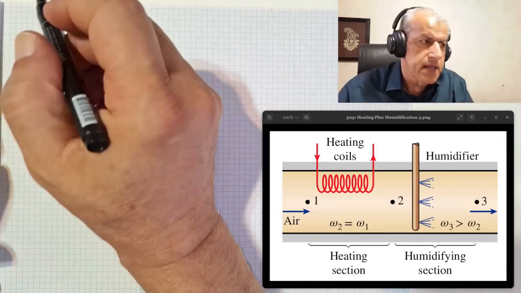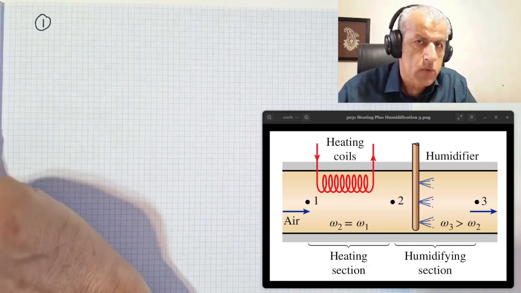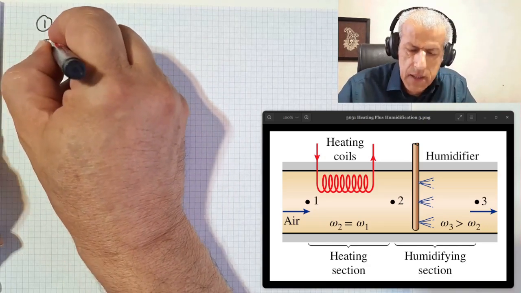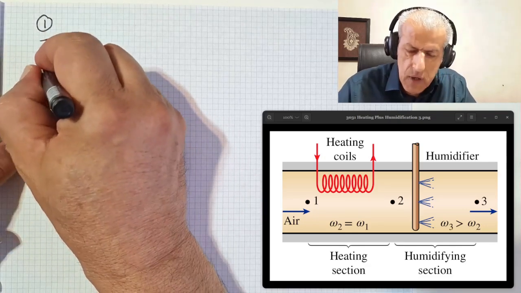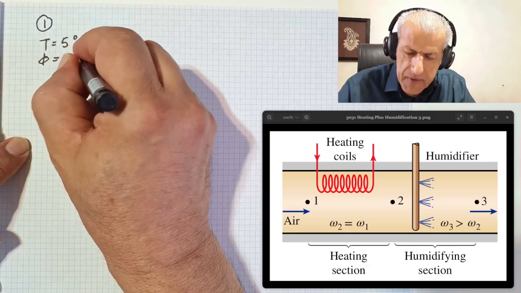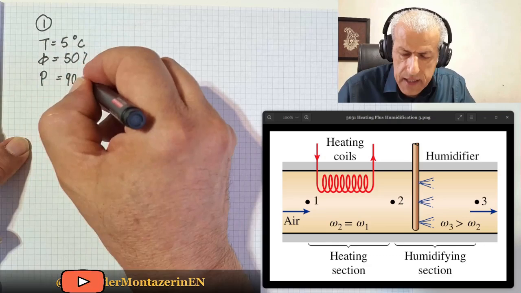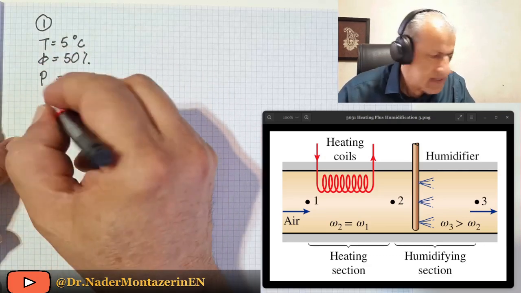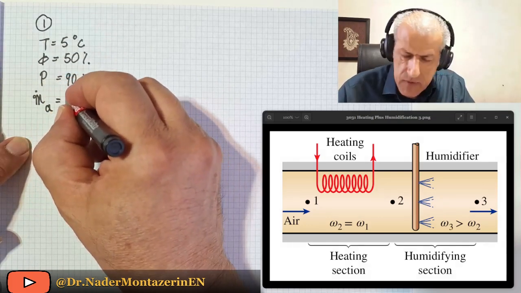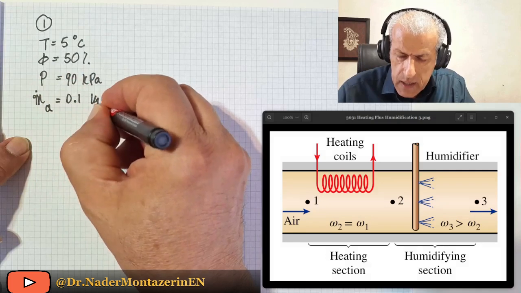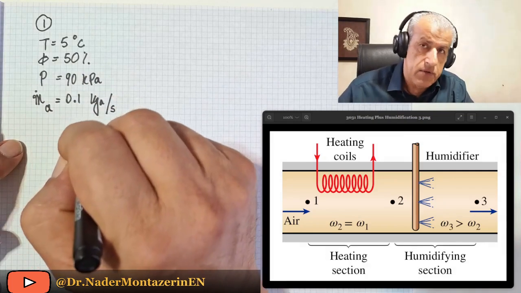It tells us that we have a system that at point 1, temperature T equals 5 degrees C, phi equals 50%, P, the ambient pressure, is 90 kilopascals, and air mass flow rate is 0.1 kilograms of air per second. That's mass flow rate for the dry air.